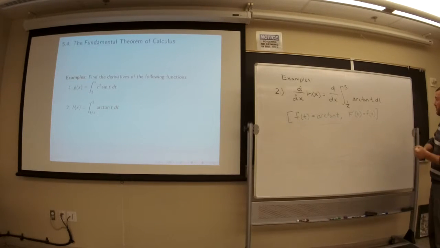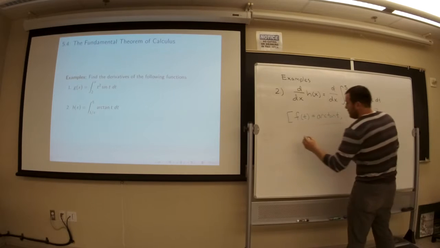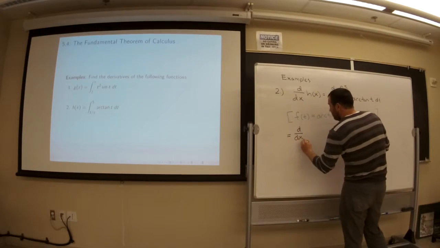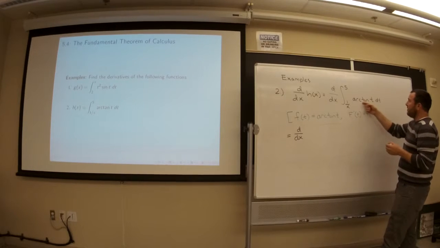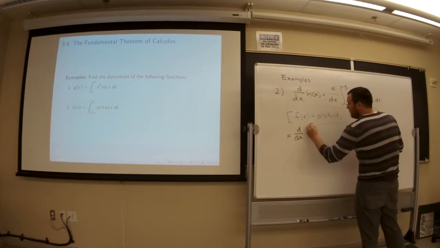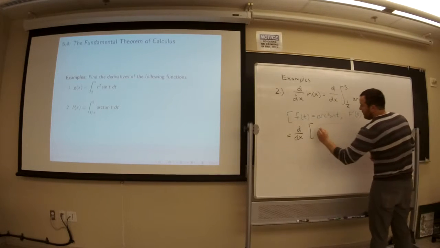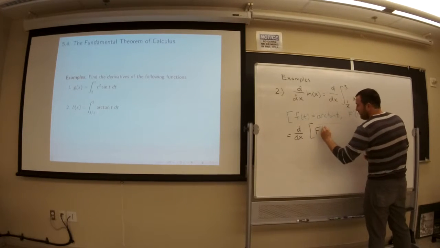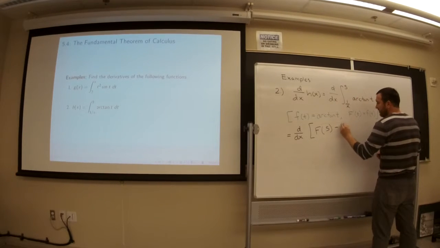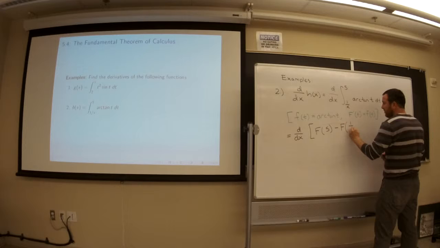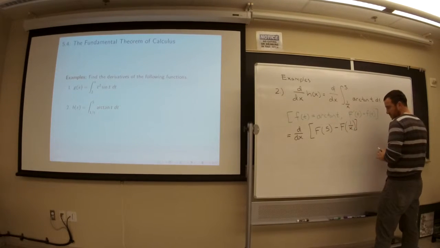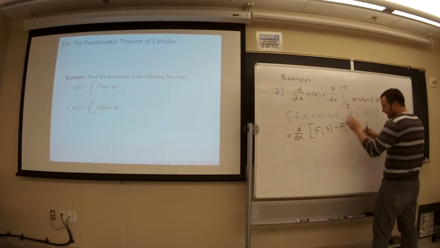Okay, so then we can write this as the derivative, and then again, if our antiderivative of arctangent of t is just capital F, this will be the derivative of capital F of t evaluated from 1 over x up to 5.